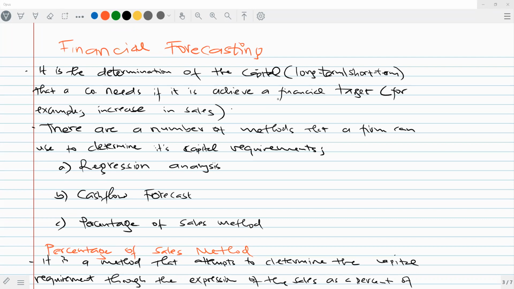When it comes to the use of the percentage of sales method, there are a number of things that we do assume. One of them is that the company is operating at 100% capacity, or there is 100% capacity utilization.